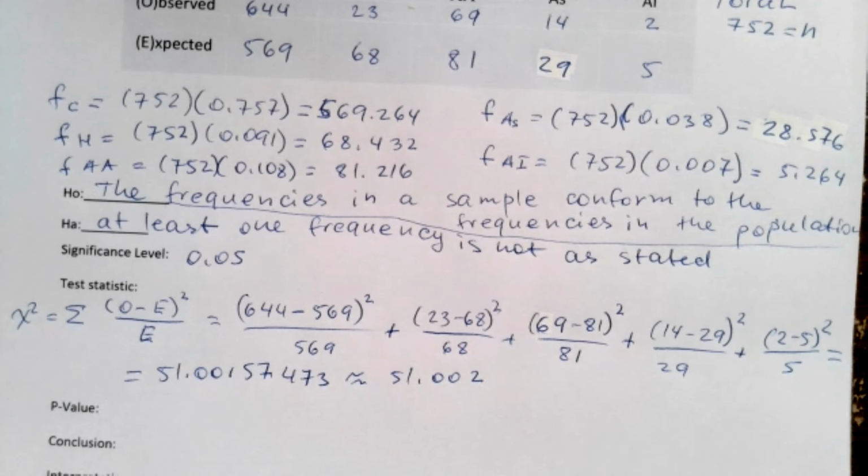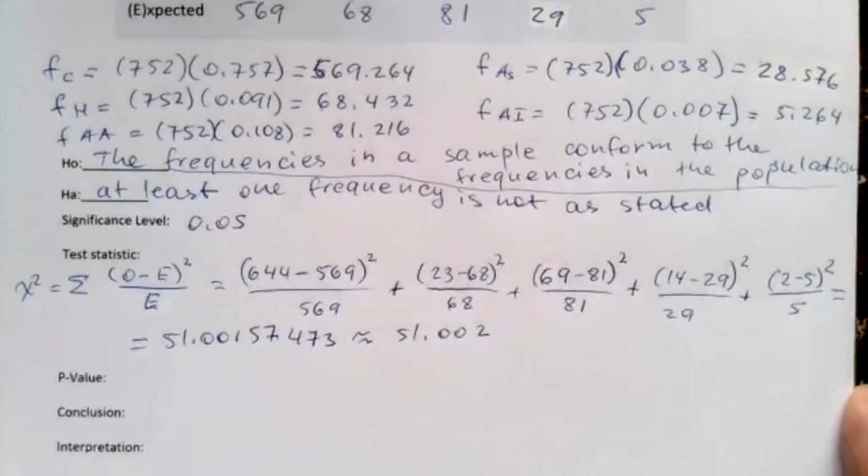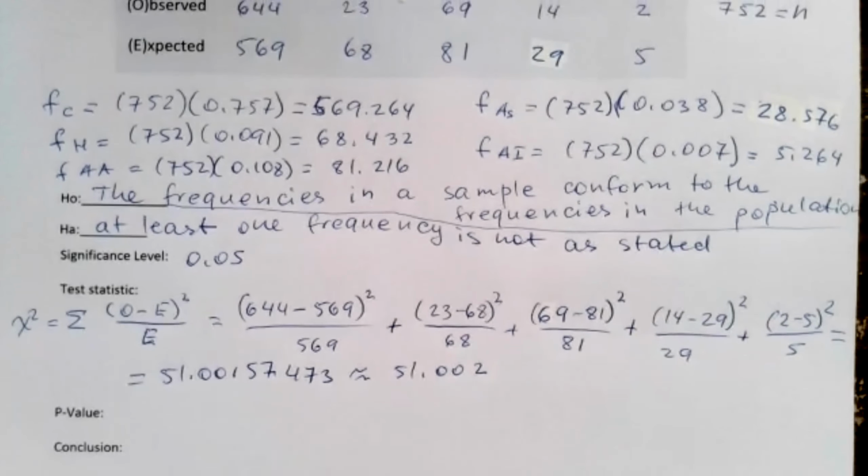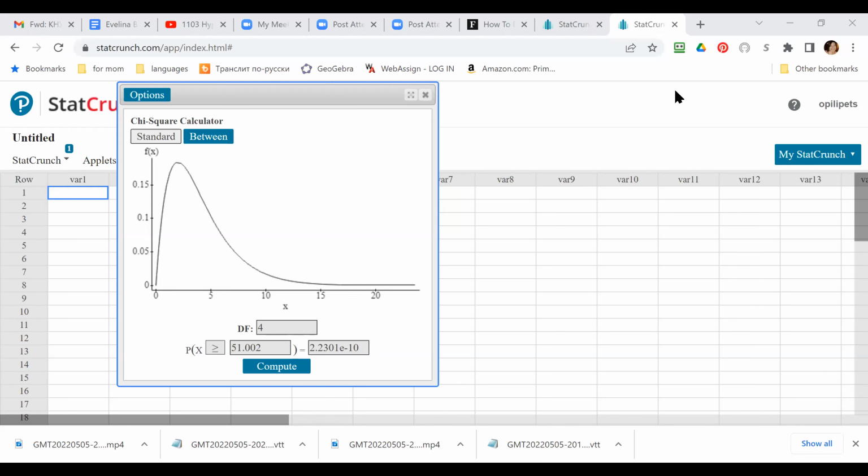Now let's figure out what's the p-value that corresponds to the test statistic. And I want you to think about what we are going to use for the degrees of freedom. In my problem, we had 5 categories. So the degrees of freedom will be 4.